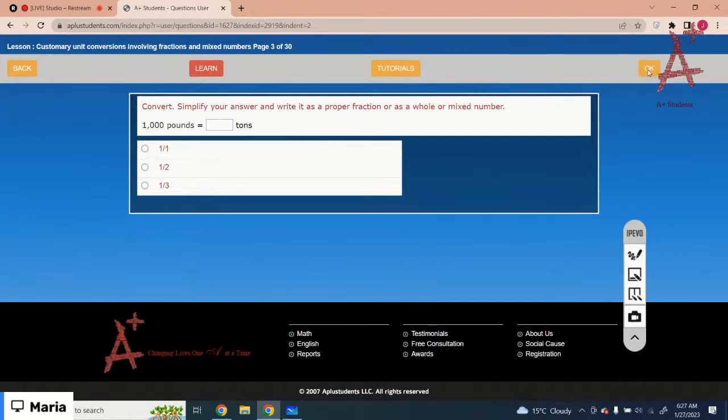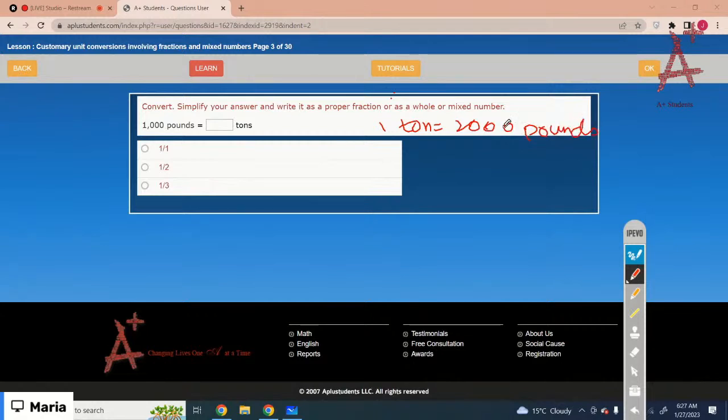Okay, the next one is 1000 pounds to tons. We have to convert 1000 pounds to tons. We know that in 1 ton we have 2000 pounds. So pounds is a smaller unit and tons is a greater one. So just divide 1000 by 2000. Just look for a common factor.